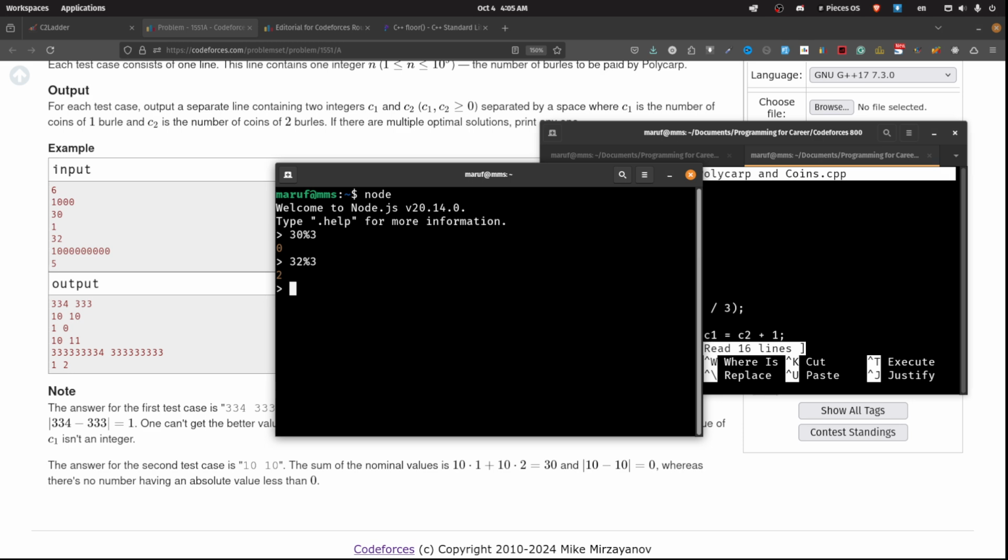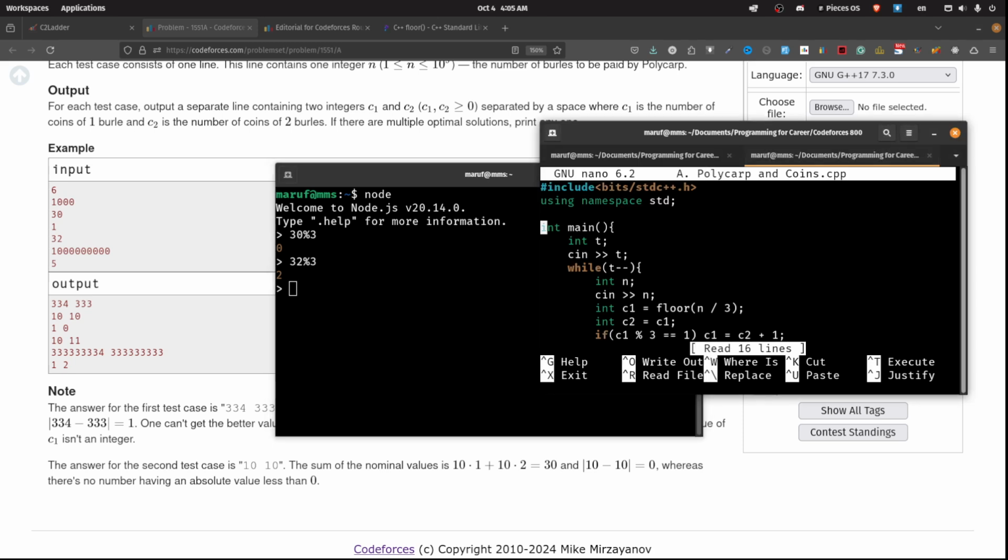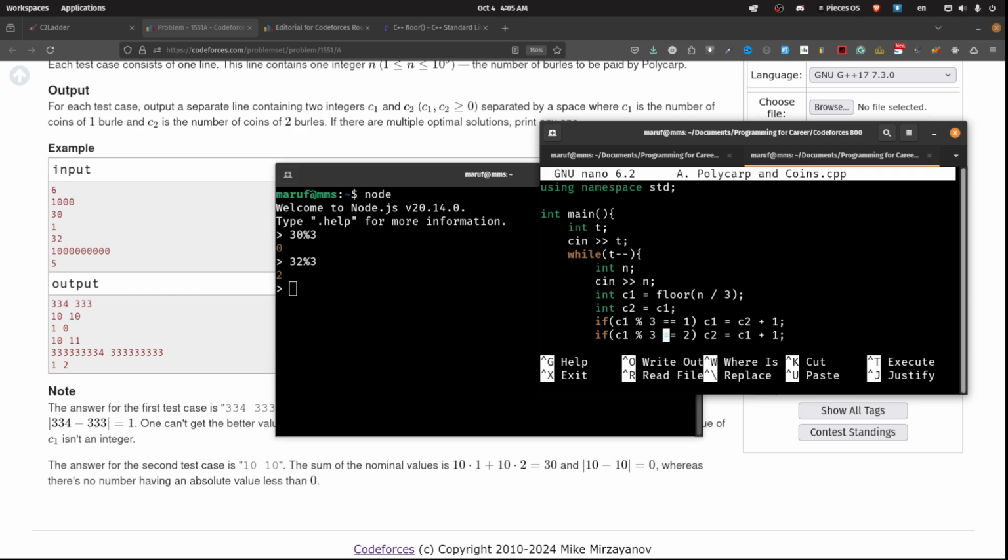In this case I think I did the wrong thing here. I hope I found the bug. I found the bug actually. Not c2 actually, and I have to write this part n, also here n.